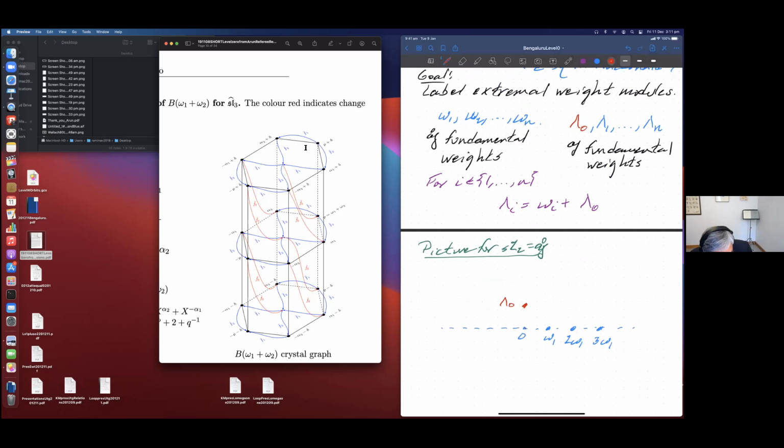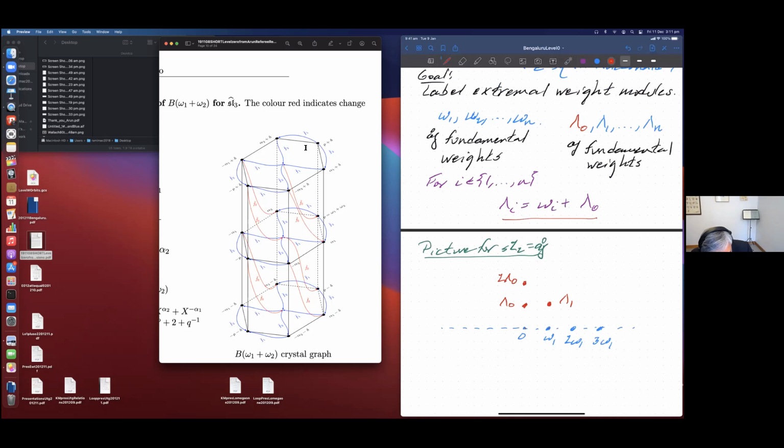And then there is a lambda 1 here, and lambda 1 is omega 1 plus lambda 0. So if I go omega 1 plus lambda 0, then I end up at lambda 1. Now, of course, I can take 2 lambda 0, which is here.